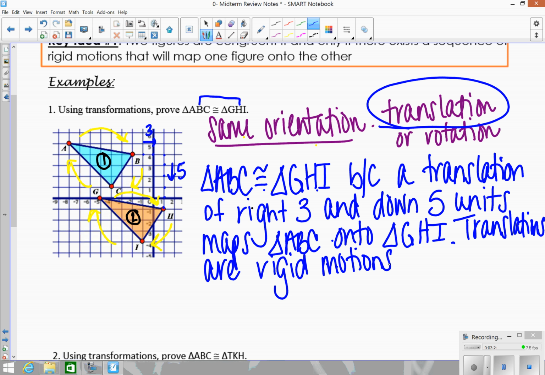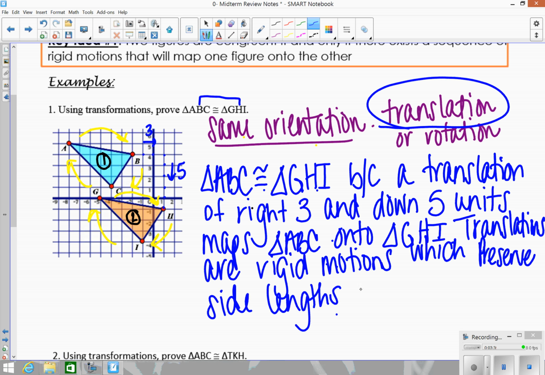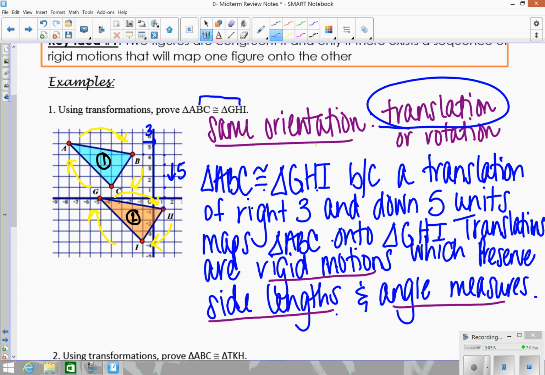So translations are rigid motions which preserve side lengths and angle measures, which is what makes the figures congruent. So it's important to mention that the rigid motions are creating congruent side lengths and congruent angle measures, because that's what's making it congruent.